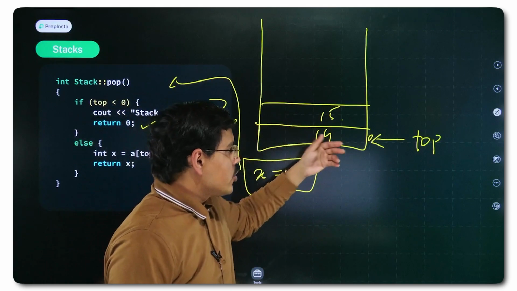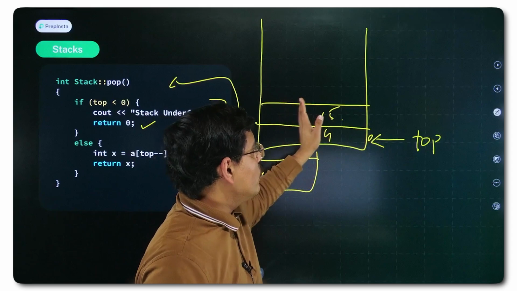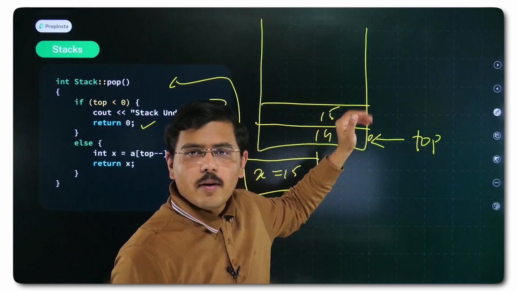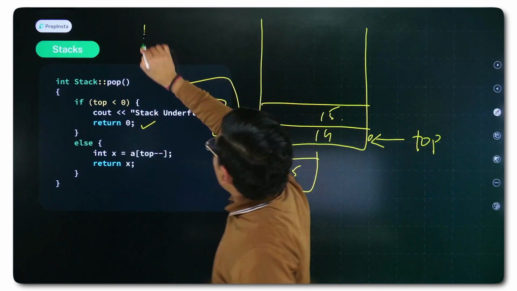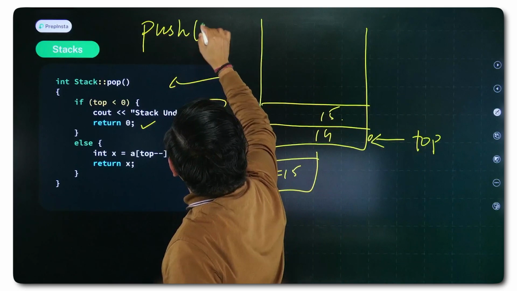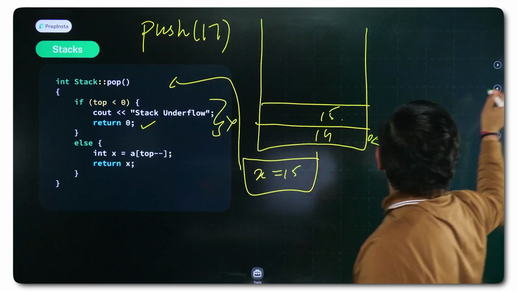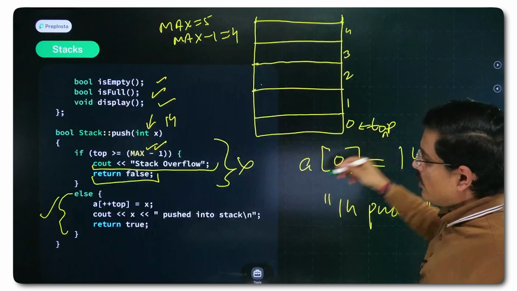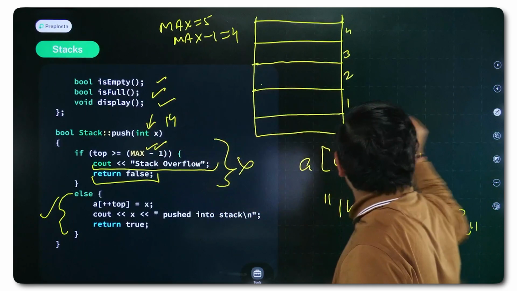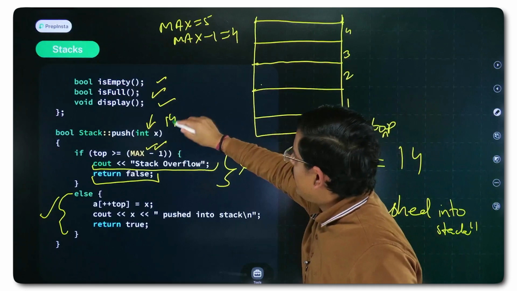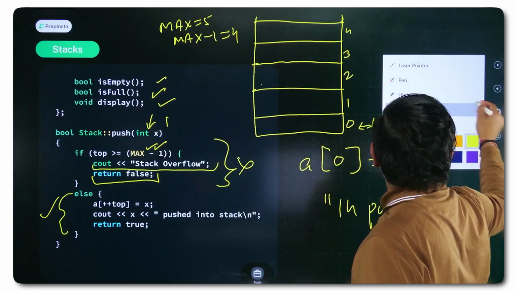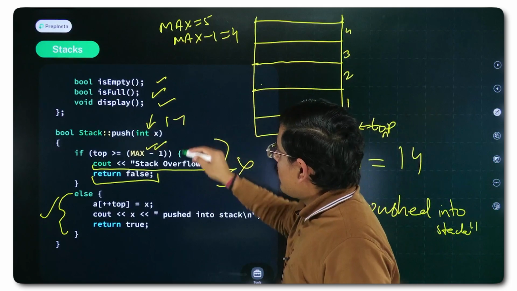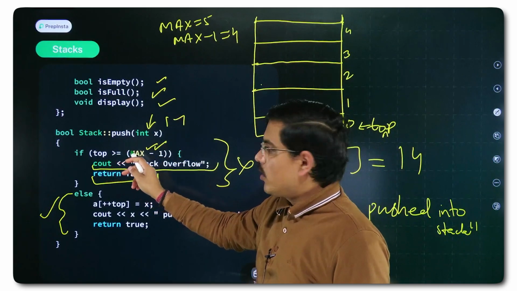In actual sense, you just decremented top and forgot what is above. Now if I say push 17, what will happen? Top is right now 0, this push will execute. Is top greater than or equal to max - 1?